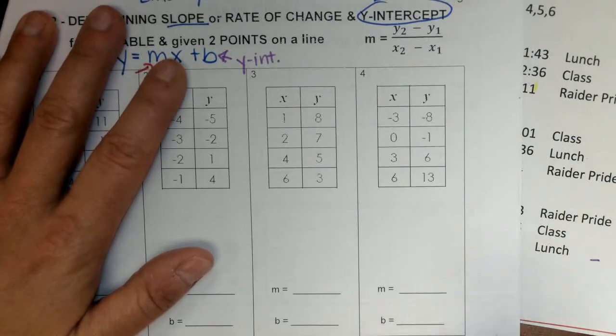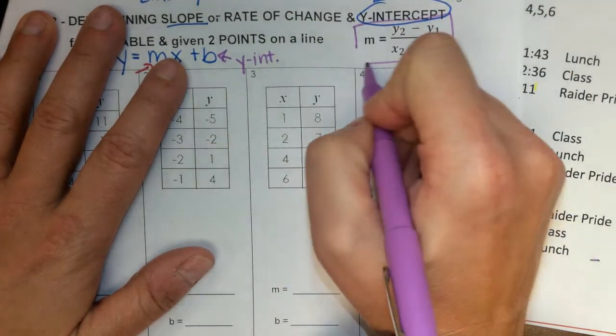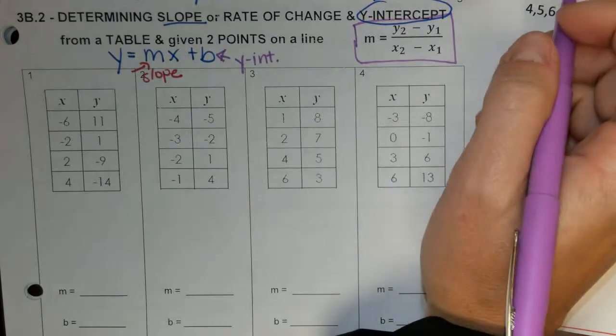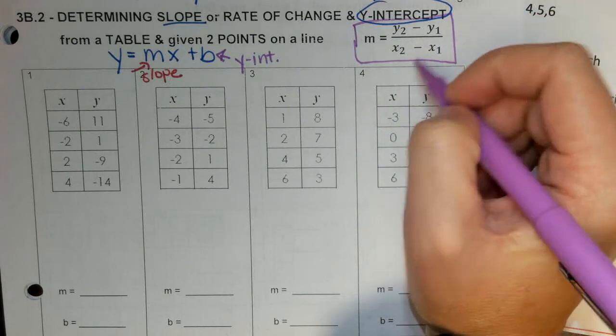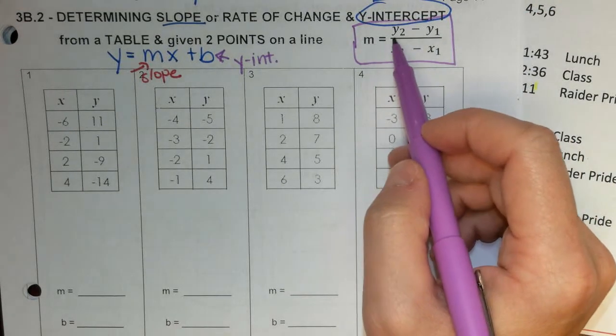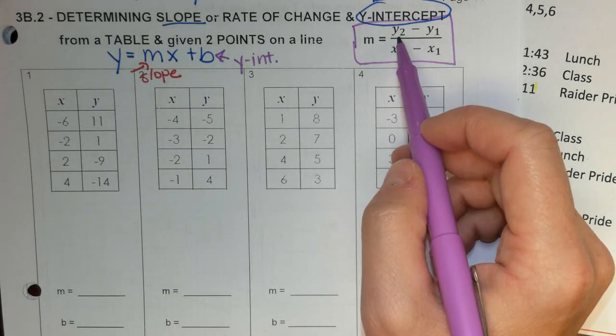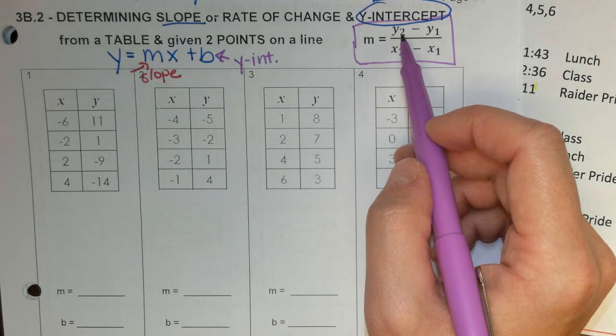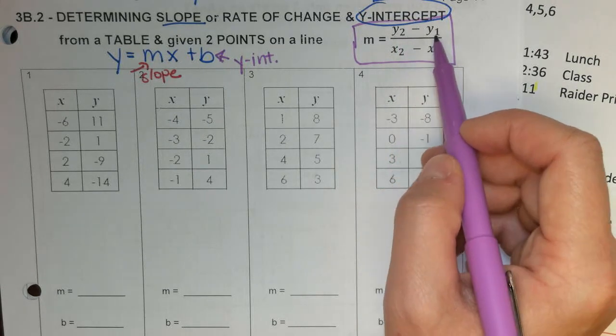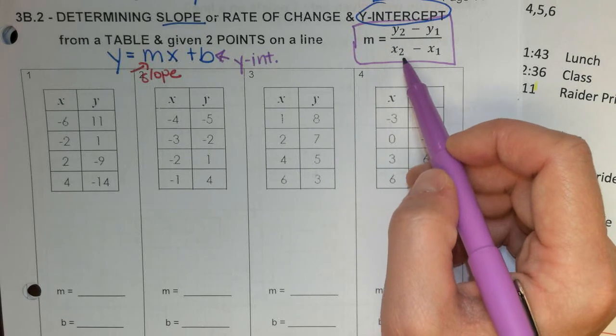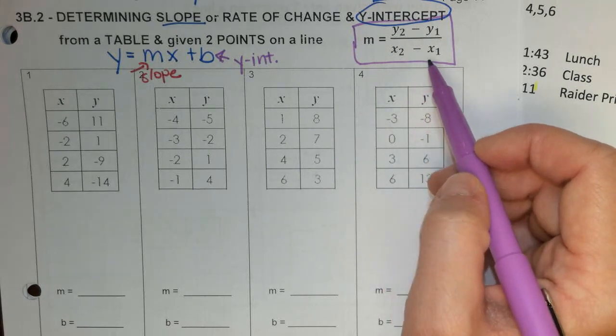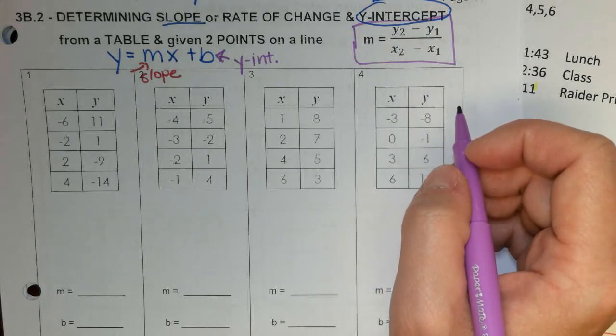But there's a way you also could do it using what we call the slope formula. The slope formula is you take your second y point and your first y point and subtract them, and your second x point and your first x point and subtract them. So let's do that right quick.